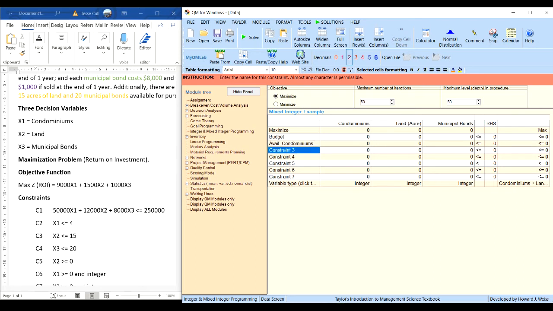Our third, available, in this situation, land. Available, here again, municipal bonds.